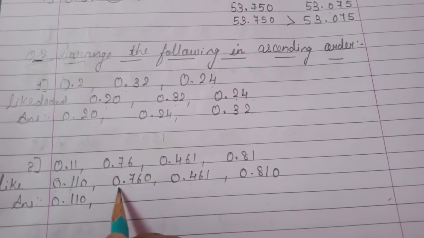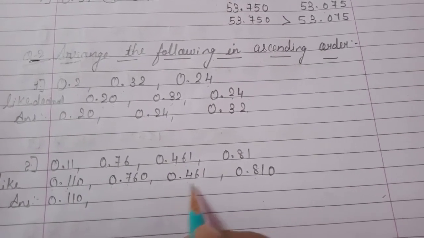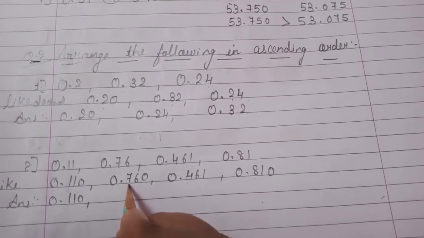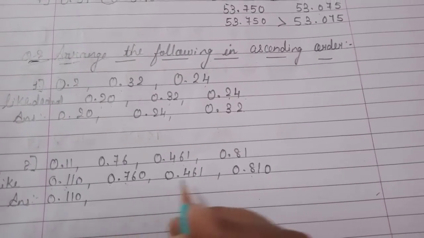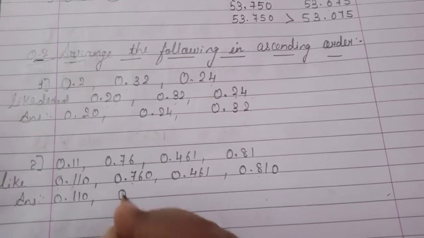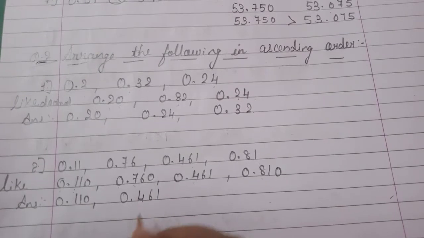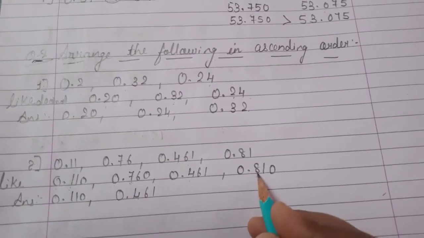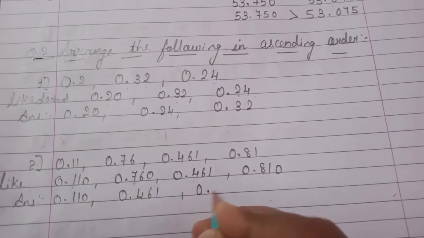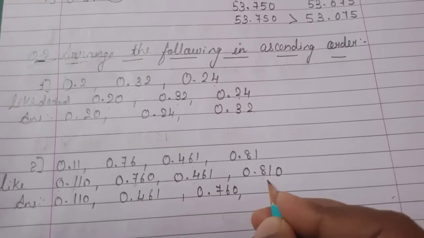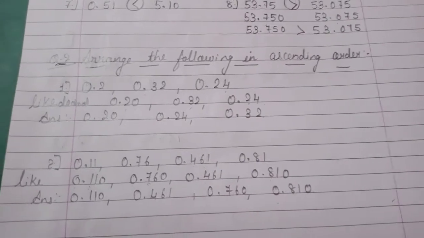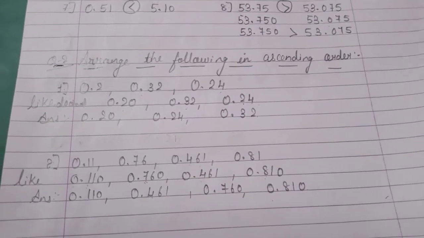Now between 0.760, 0.461, 0.810, we will compare the 10th place digit 7, 4, 8. Which one is the smallest? 4. So 0.461. Now between 7 and 8, which one is the smallest? 7. So 0.760. Then which one is left? 0.810. This is our answer.